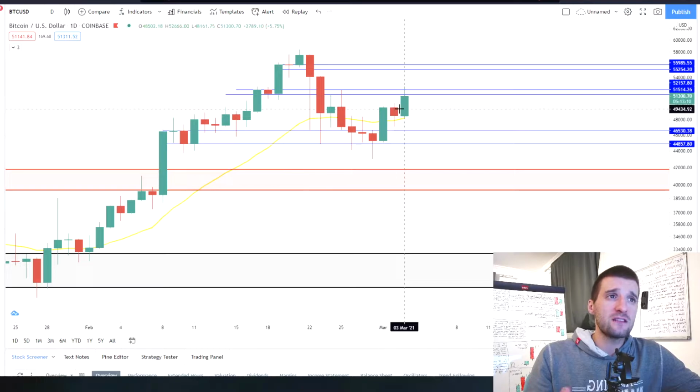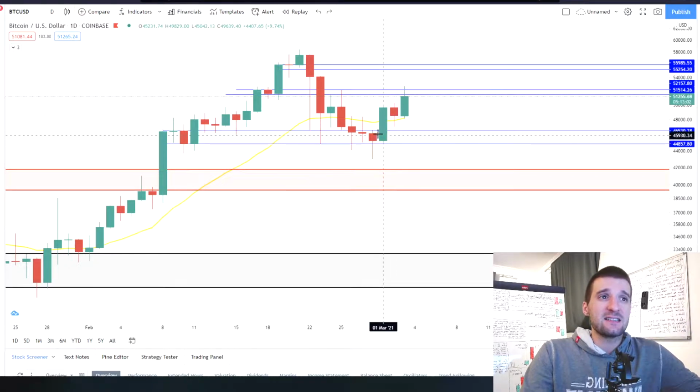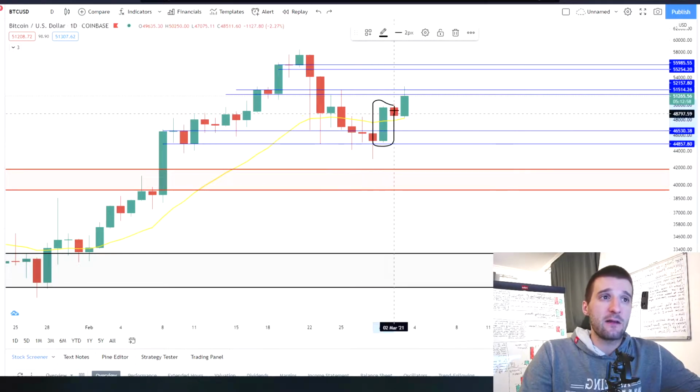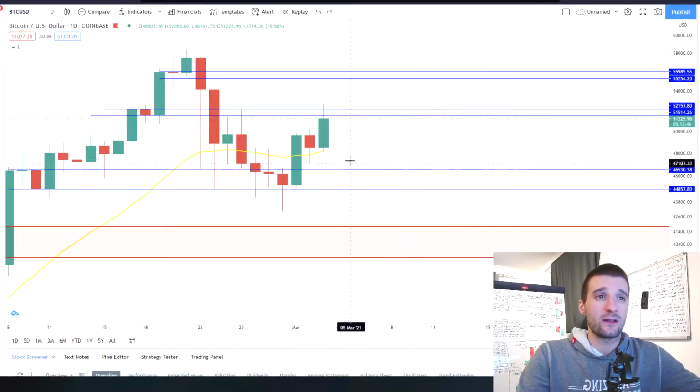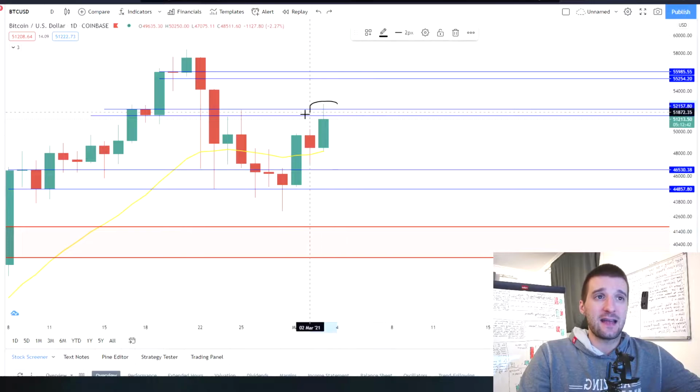In 3 previous videos we discussed this area, and exactly what I told you would happen actually happened. What we discussed is that over here we have a hammer. This hammer is confirmed with this engulfing pattern because it did engulf the hammer pattern, and after that we had confirmation, the direct retest on the 20 exponential moving average, and the next candle also retested the next trouble area.